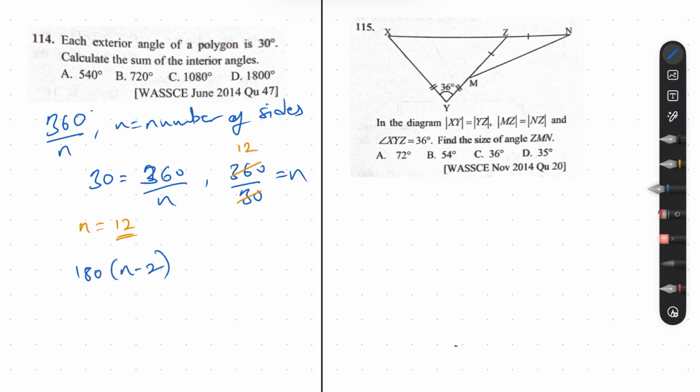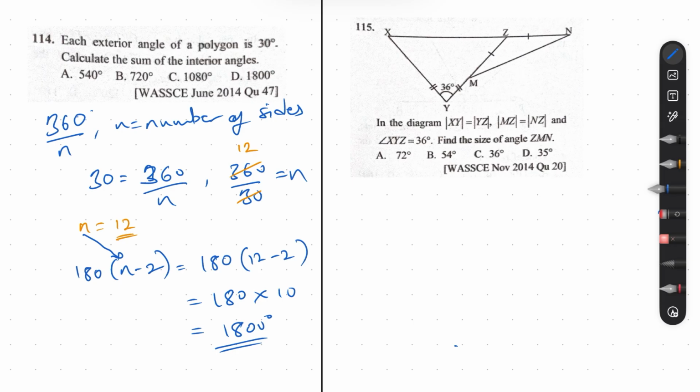This is the formula for the sum of interior angles. So we can just input our n value right here. That means we'd have 180(12 minus 2). That would give us 180 times 10, so we'd have 1800.